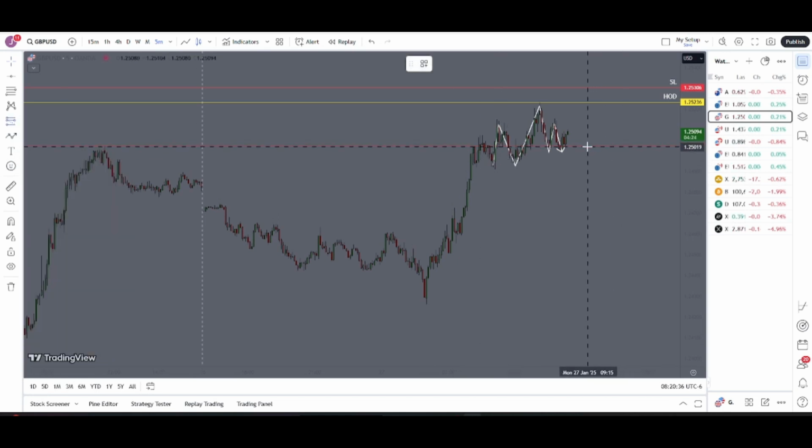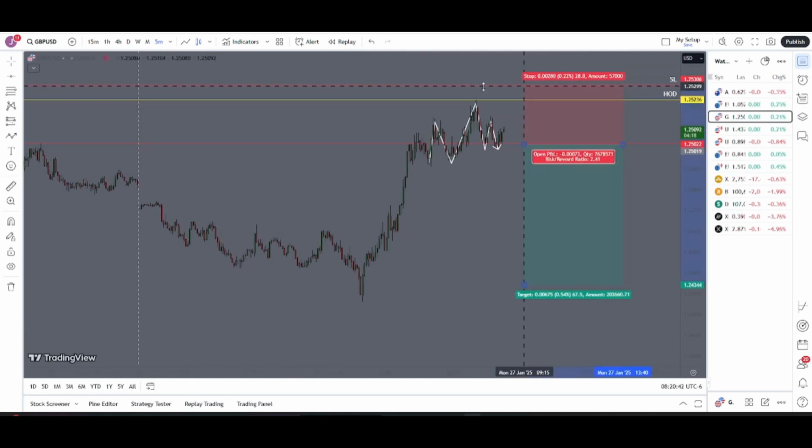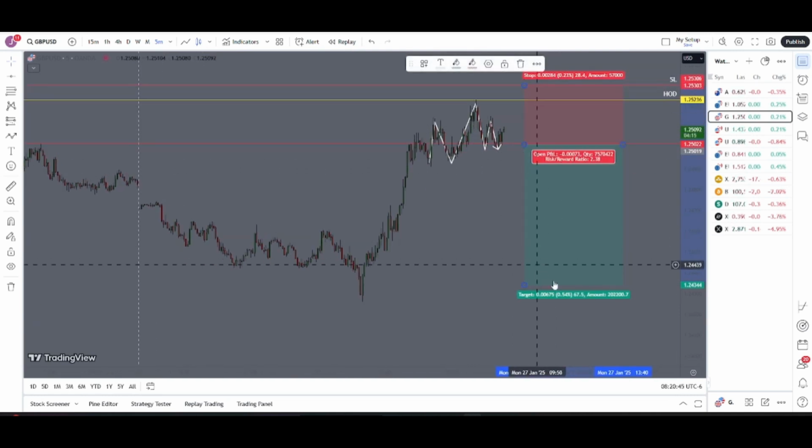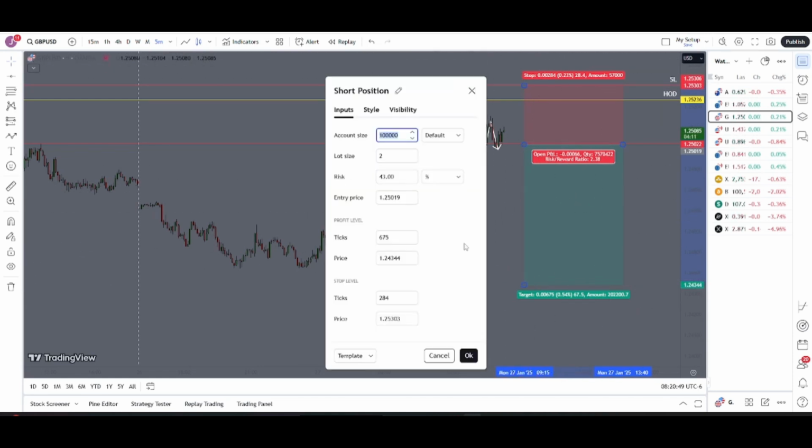Hopefully I get this close below here, right? Close below here. Stop loss will be here. So about a 30 pip stop loss. Stop loss would be 25306.